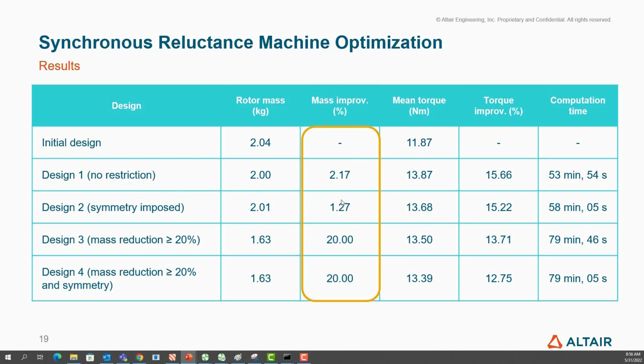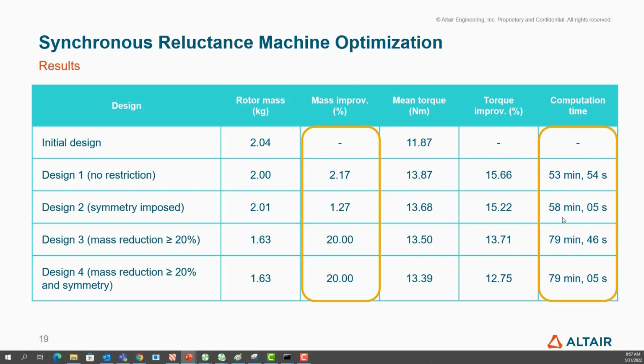But when symmetry is imposed, there is a much lesser difference in the mass improvement. For designs 3 and 4, where there is a constraint for mass reduction, there is a 20% reduction in the mass.